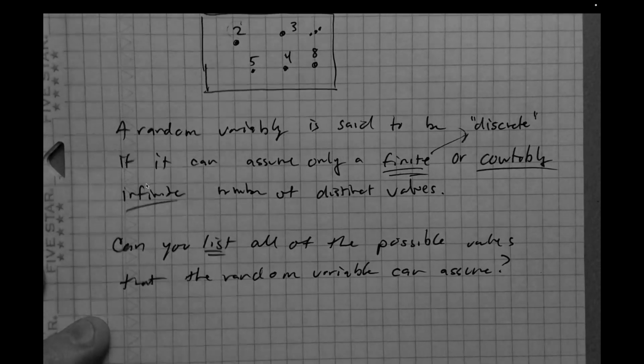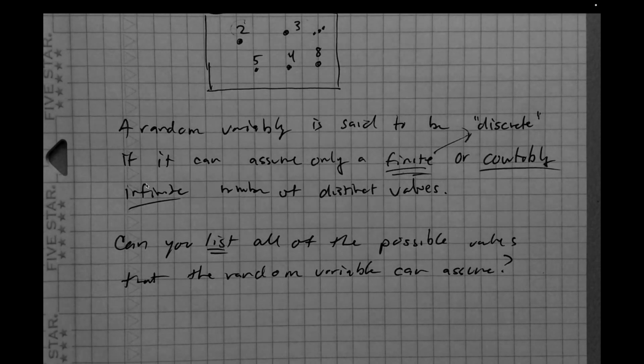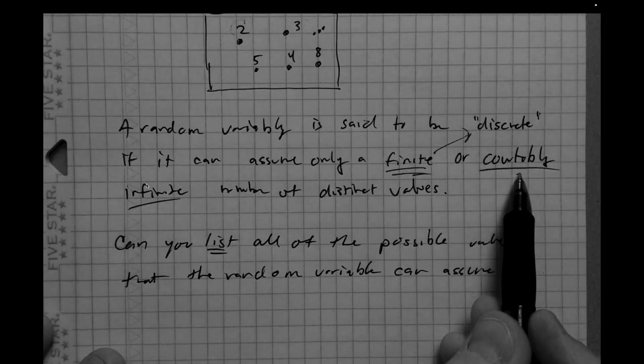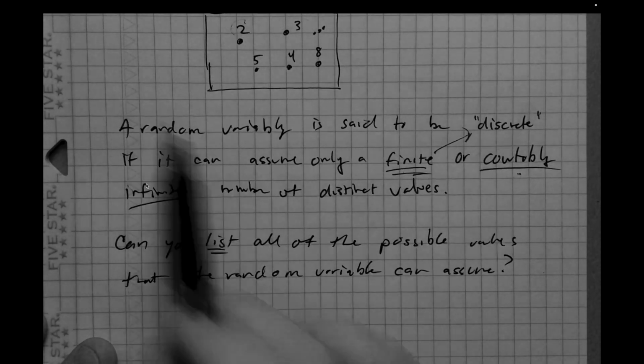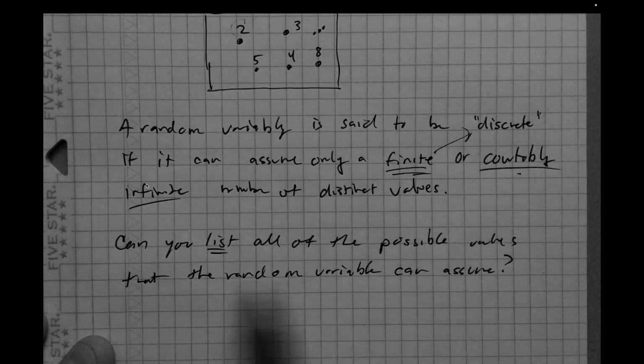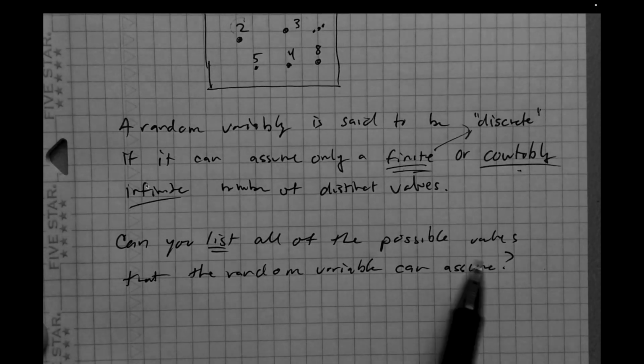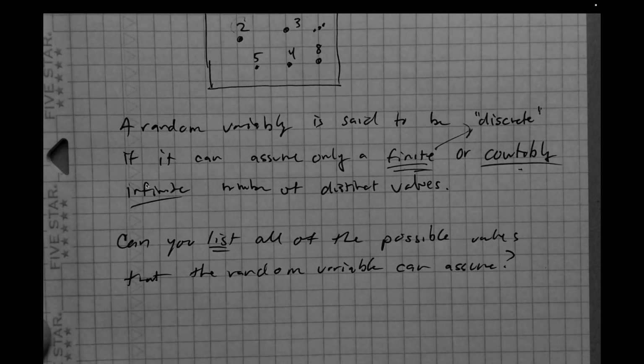Obviously if it's a finite set, you can do that. But this does allow for countably infinite numbers of distinct outcomes as well. Really what we're saying is, given an infinite amount of time, would it be possible to make a list of all of the possible values that your random variable would take?